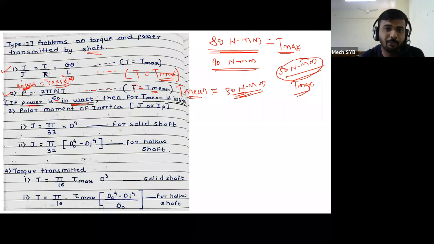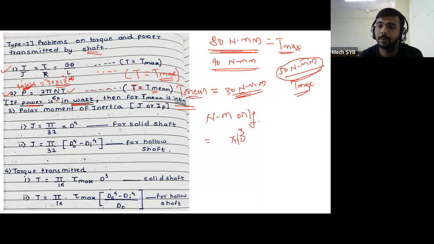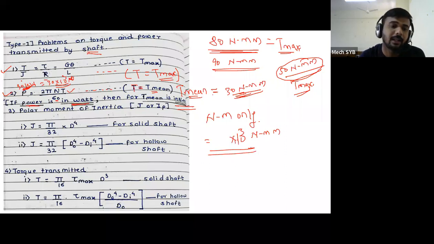If the power is in watt, whatever the T you get from the power formula will be in Newton meter only. Please keep in mind. Then we only have to multiply that answer by 10 raised to 3 to convert that torque into Newton mm.